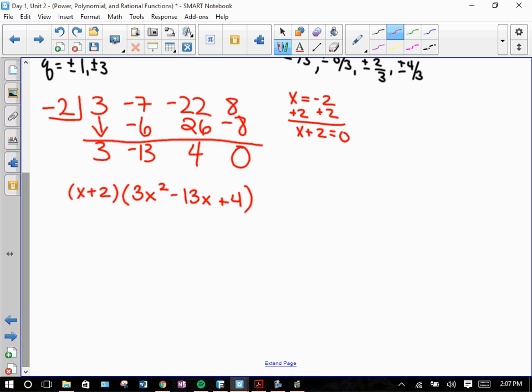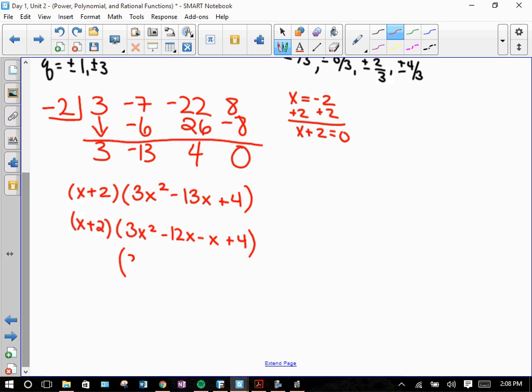I want to find out what all those zeros are. So, there we go. I'm still at x plus 2 here. Factoring this, that's going to give me 3x squared. I'm going to have minus 12x minus x plus 4. Alright, so that's going to allow me to factor a 3x out of these two terms.